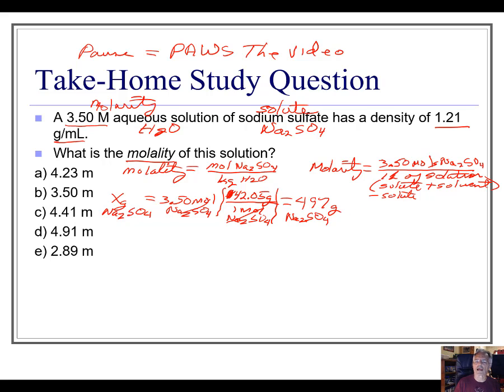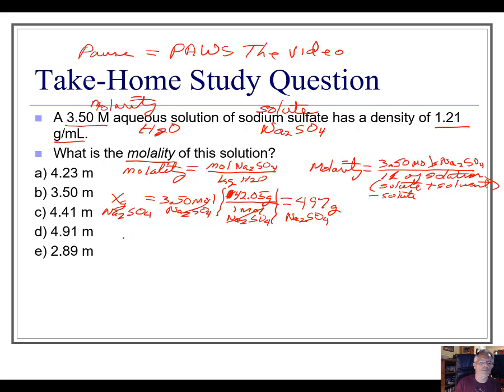The next thing I need to do is convert liters of the solution to grams of the solution. Once I've done that, my strategy is to subtract the solute, the grams of sodium sulfate, from the grams of solution, and then convert to kilograms.